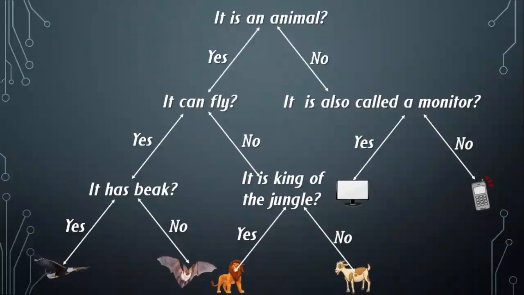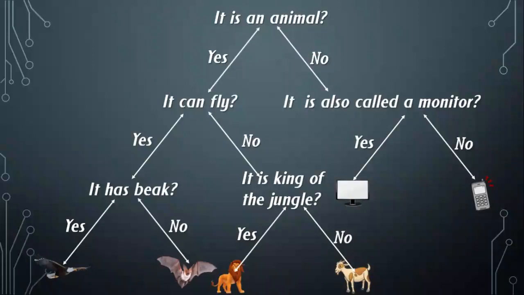Then from the animal part, we further use another question, can it fly, to divide it into another 2 parts. And lastly, we use does it have beak to divide one as eagle and the other as bat. And then we also divided the animals as the king of the jungle as lion and goat.